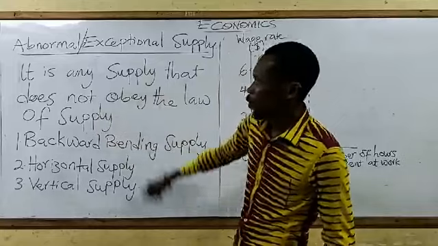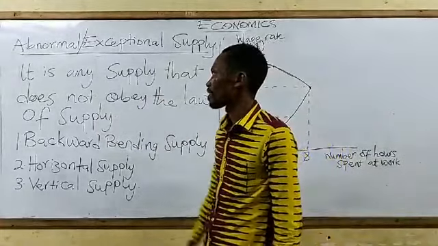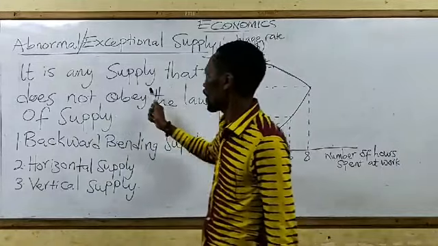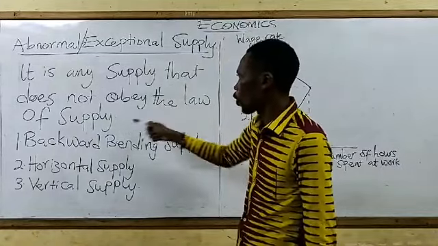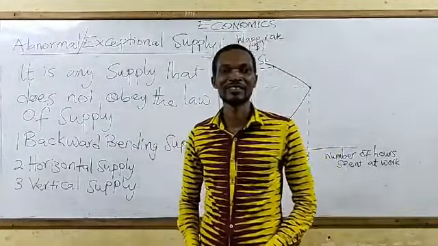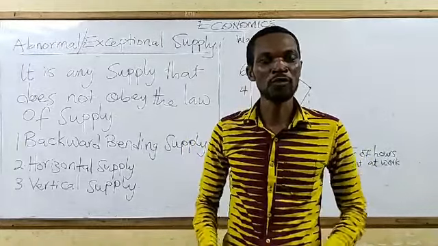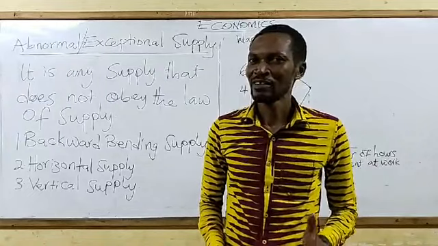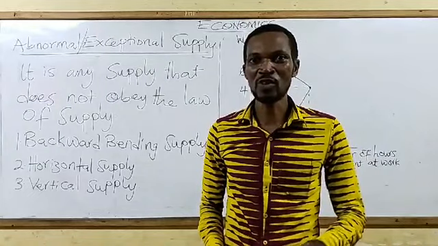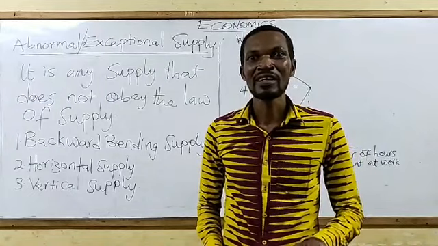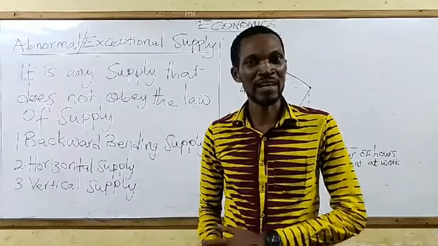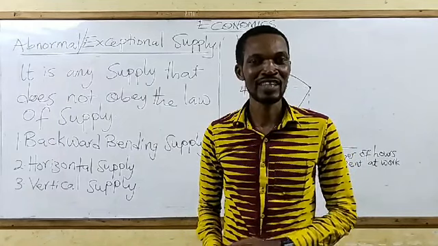Abnormal supply or exceptional supply is any supply that does not obey the law of supply. To appreciate this, remember what the law of supply says.